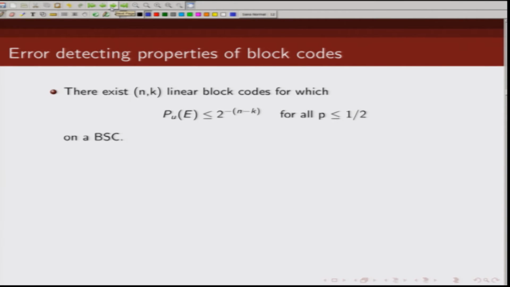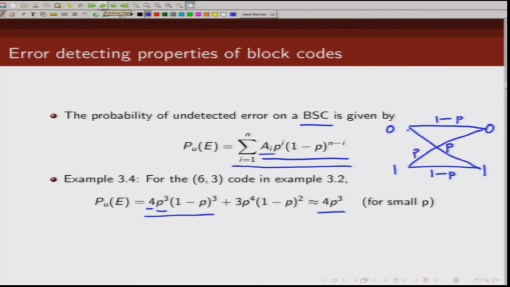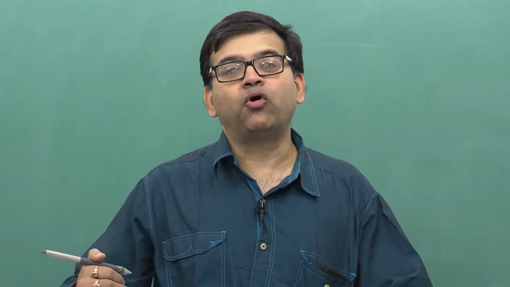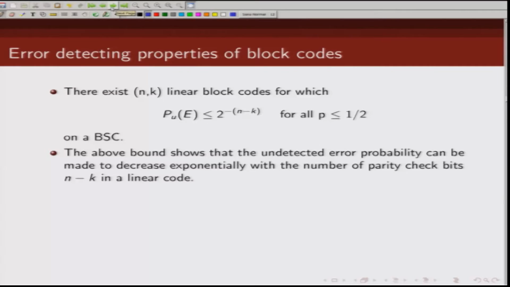So, in this particular example, the undetected error probability varies as p raised to power 3, which is the same as n minus k. In general, we can show that undetected error probability depends on how many parity bits we have. The more parity bits, the lesser the undetected error probability. So, we can make the undetected error probability small by increasing the number of parity bits.